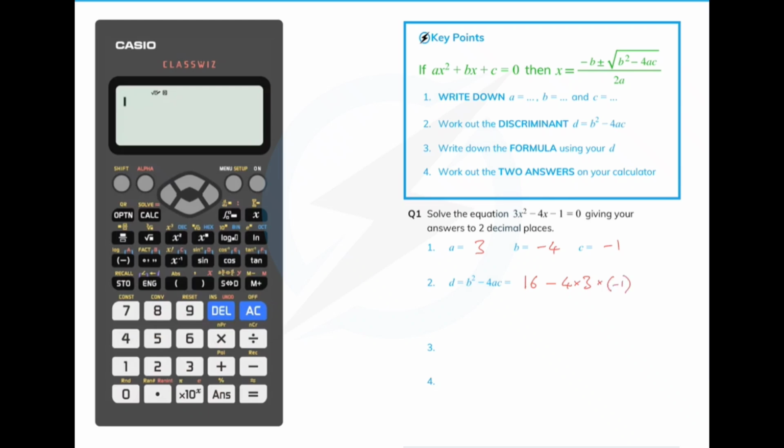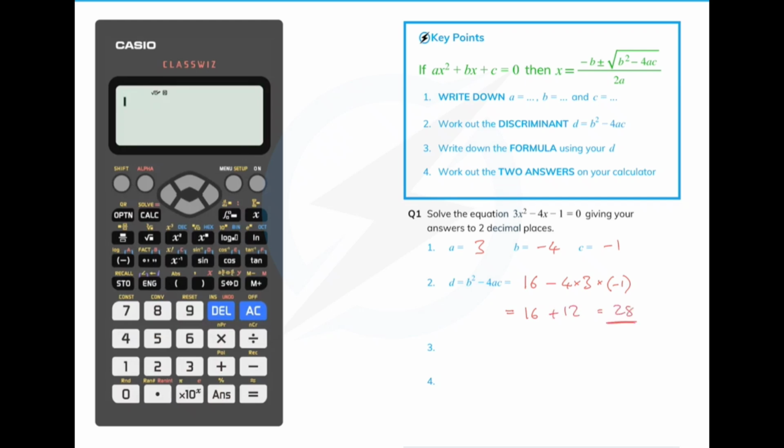And I'm also going to do as much of this in my head as I possibly can. So if I've got my 16 there, and if I look at this, I've got minus 4 times 3, which is minus 12, times minus 1. And multiplying by minus 1 changes the sign, so I've got 16 plus 12, which is 28.